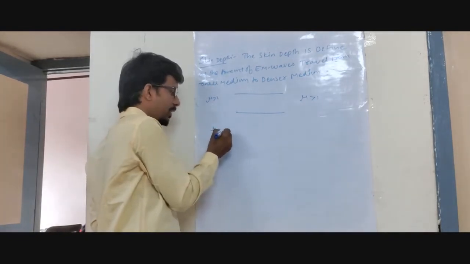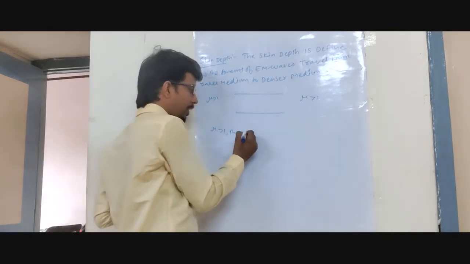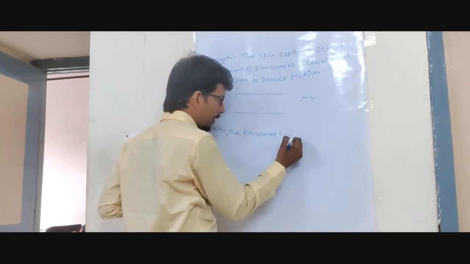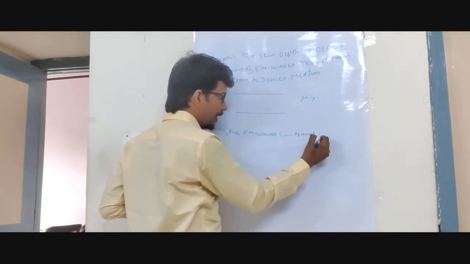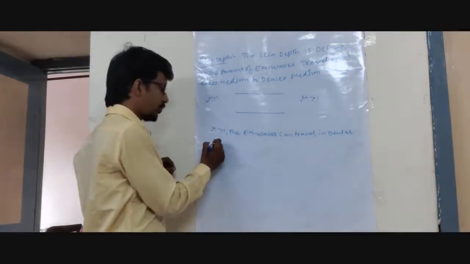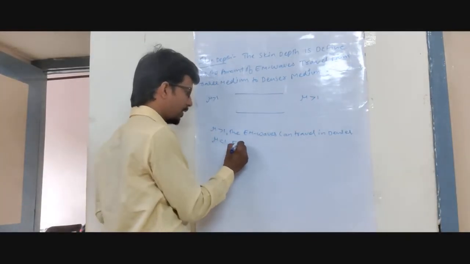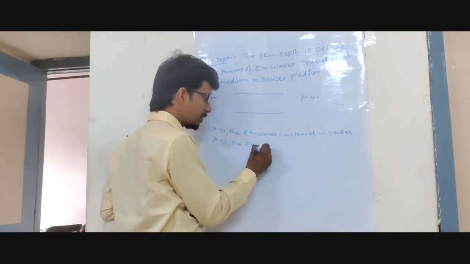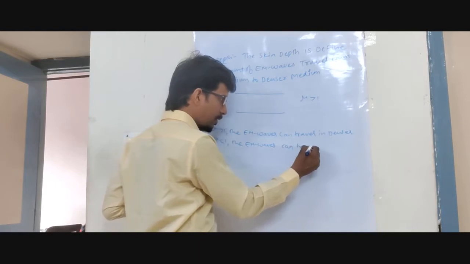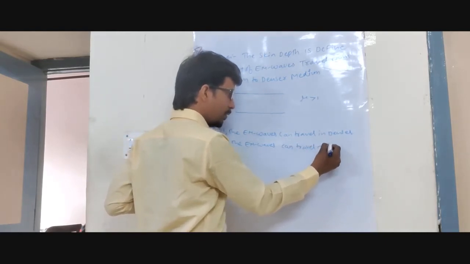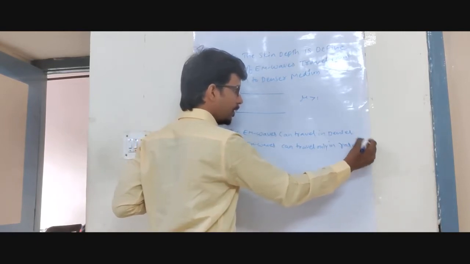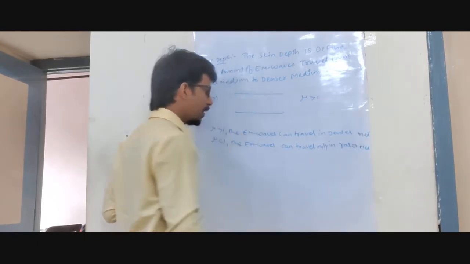If mu is greater than 1, the EM waves can travel in the denser medium. If mu is less than 1, the EM waves can travel only, please note down, in the rarer medium. So this is important.